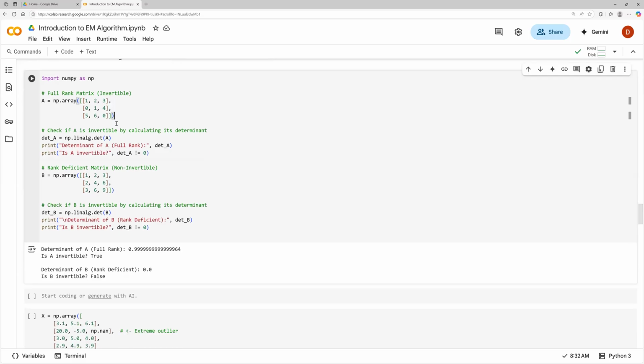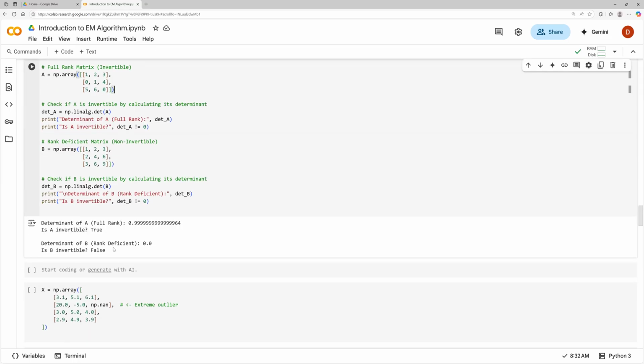Now I give a rank deficient matrix where it's non-invertible. It's a very exaggerated example in the sense that we see that the columns have a dependency. We know that 2, 4, 6 is a multiple of 1, 2, 3, and 3, 6, 9 is a multiple of 1, 2, 3. So there's a clear dependent structure, and this is rank deficient.